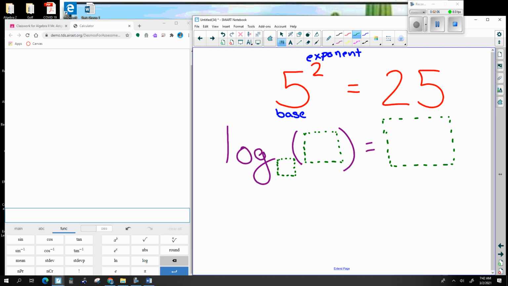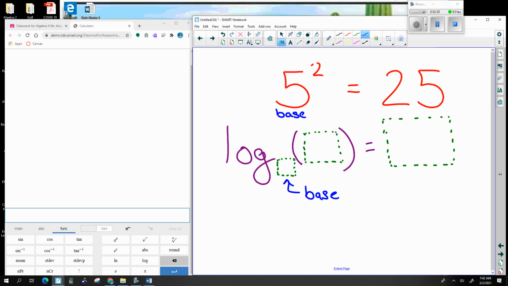So there's numbers that go in these places. This little number is called the base number of a log. And the thing is, the base is the base. The base is the base.